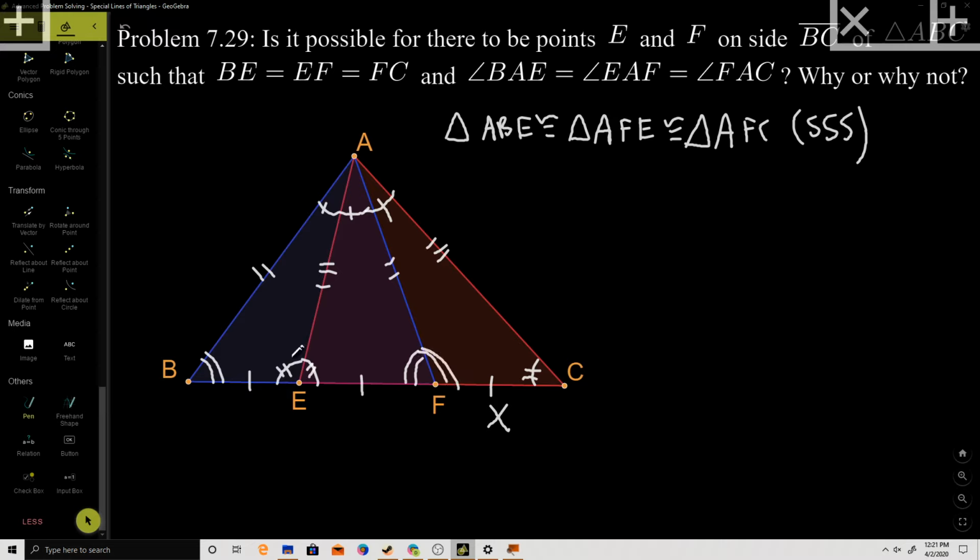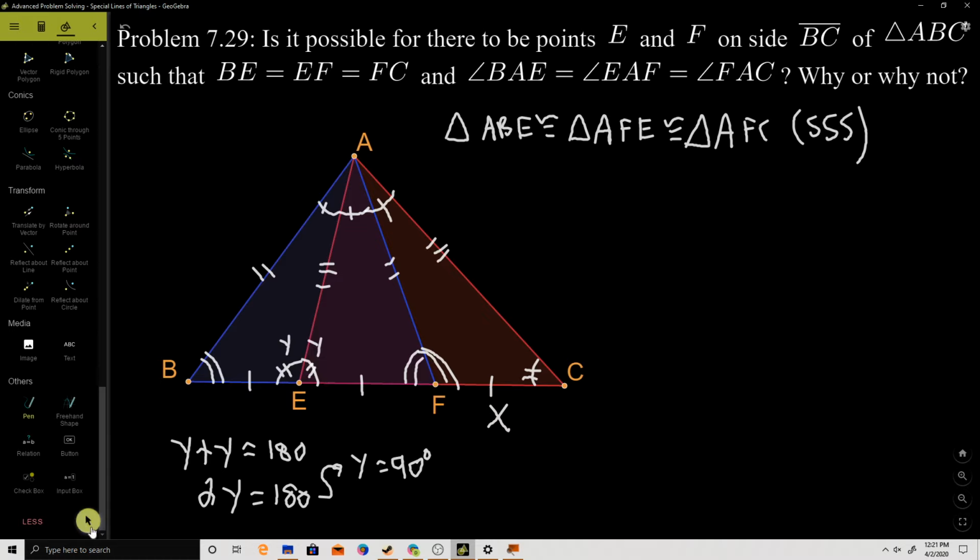Well, that's interesting. So, if angle AEB is the same as AEF, we'll call them Y. So these two angles have a measure of Y. Well, they're two angles on a straight line, so that means Y plus Y is 180. That means that 2Y is 180, which means that Y is 90 degrees. So these two angles are actually right angles.